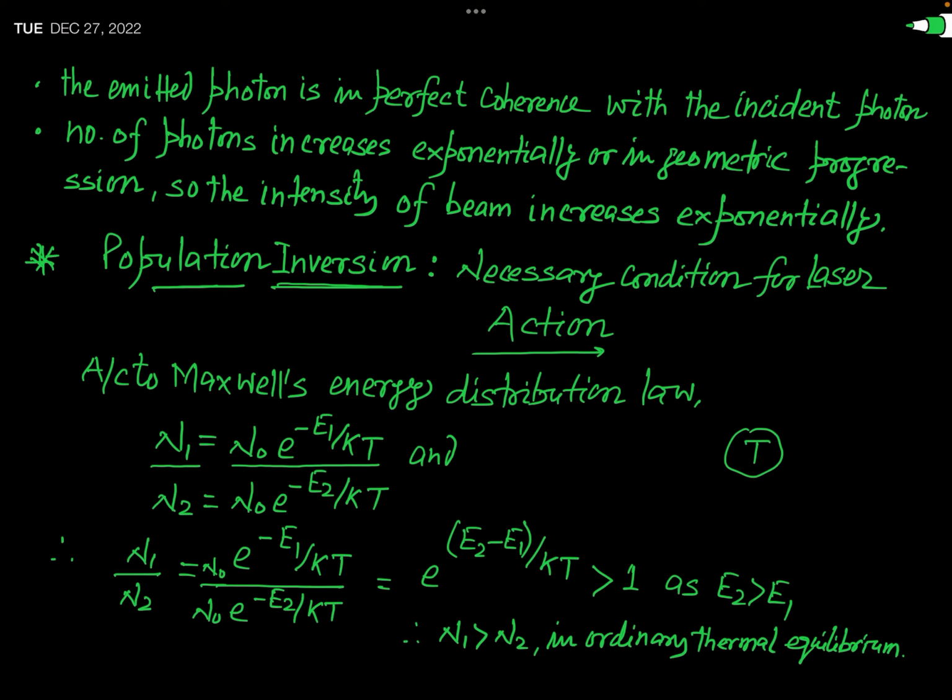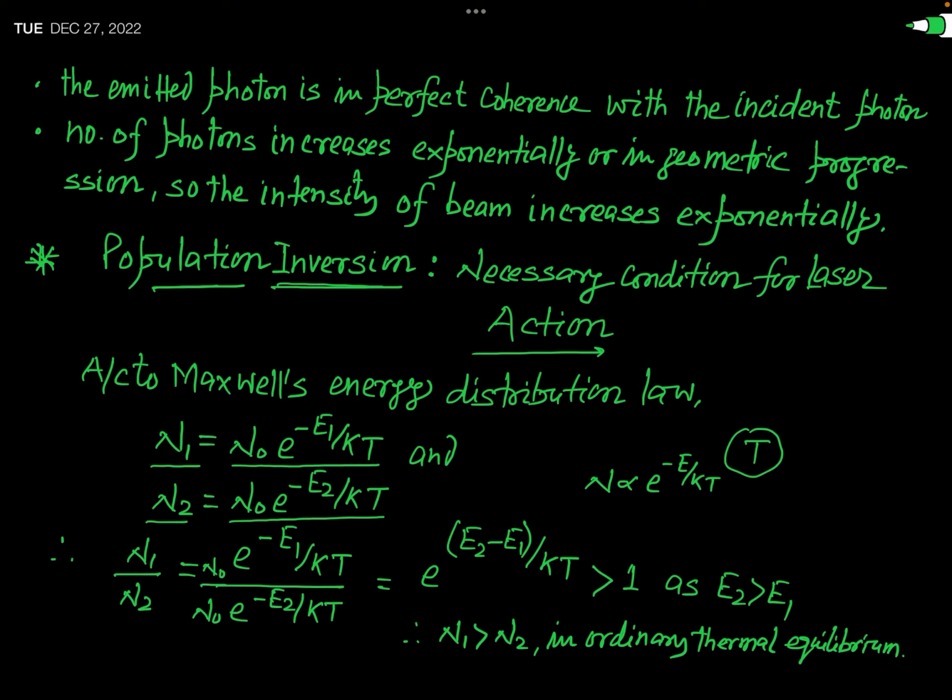This is the Maxwell's energy distribution law. And at the same time, the number of atoms present in the higher energy level E2 is given as N0 e to the power minus E2 over KT. Or we simply say that the number present in any energy level is directly proportional to the Boltzmann factor e to the power minus E by KT. This is the Maxwellian distribution of energy.